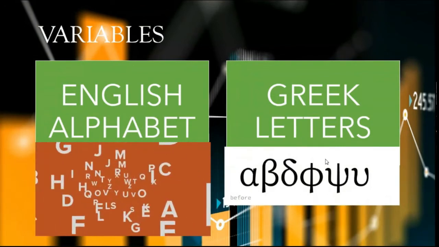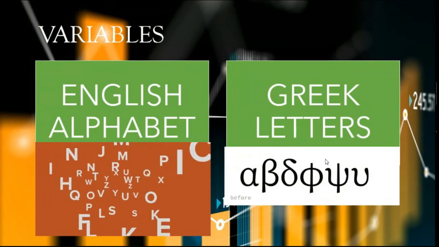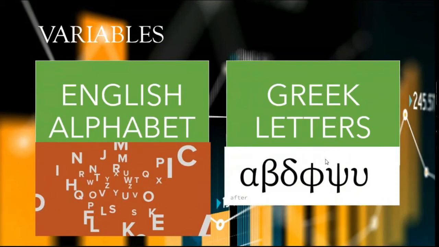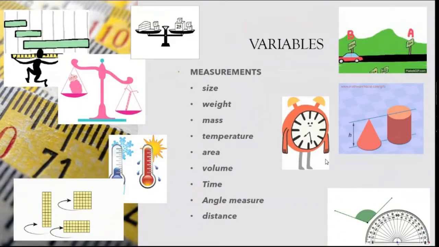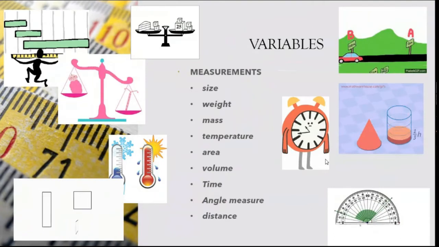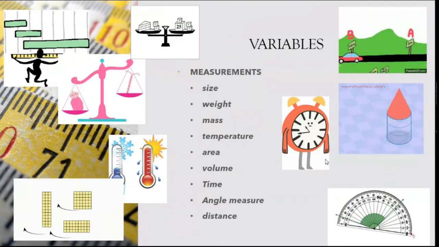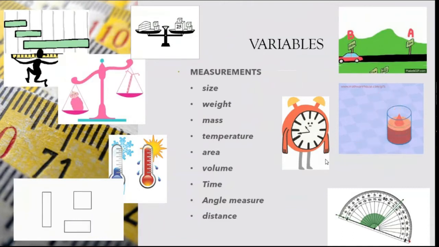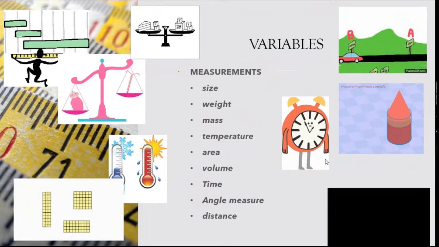Yes, because variables are represented by English alphabet or it could be Greek letters. These are some of the examples of variables. So variables are measurements. It could be size, weight, mass, temperature, area, volume, time, angle measure, and distance.